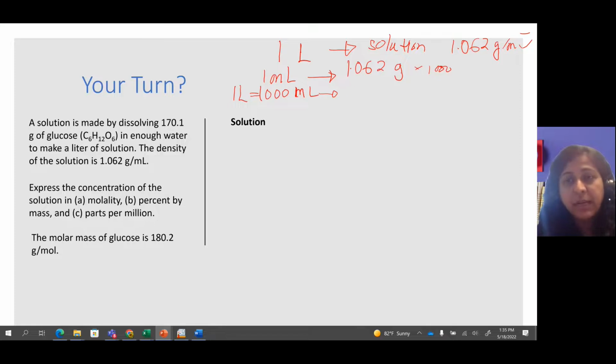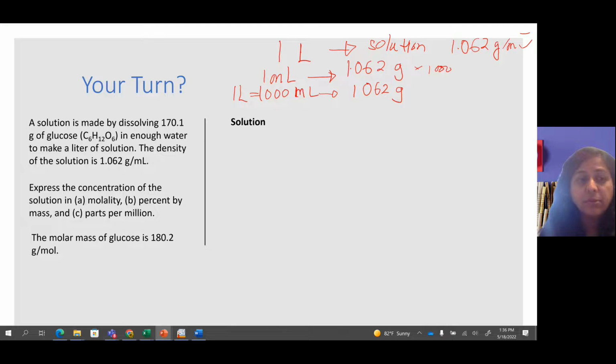Therefore, we need to multiply 1.062 by 1000, and 1 liter of this solution weighs 1062 grams. Okay. Express the concentration of the solution in molality, percent by mass, and parts per million.